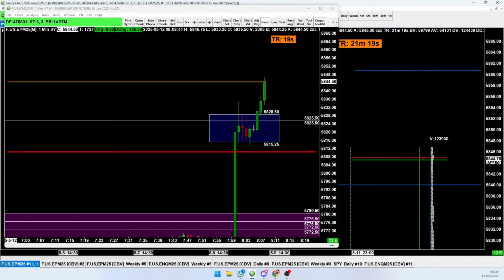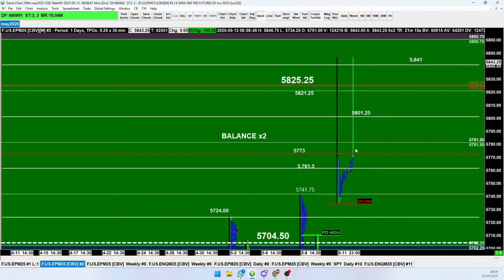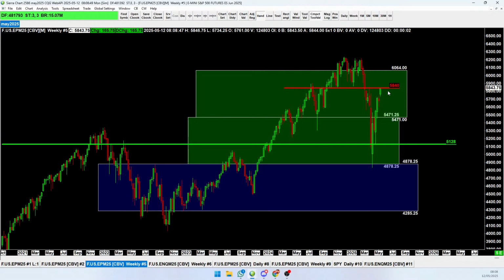This is what happens when you get an entire market short underneath you. I was actually thinking we were going to see some selling here. When you get everybody short underneath, that creates nice rocket fuel for a move up.